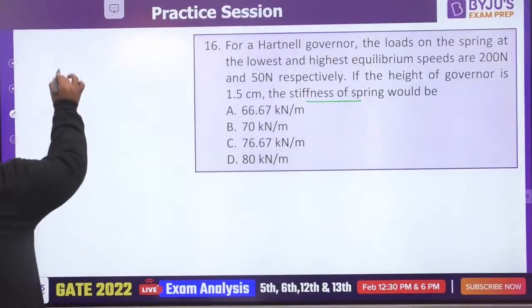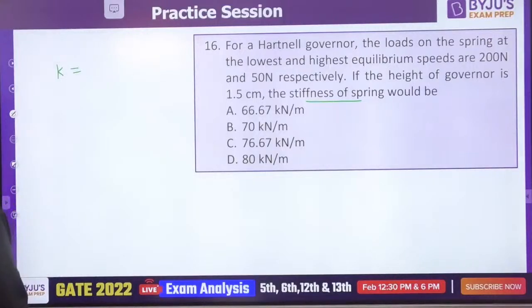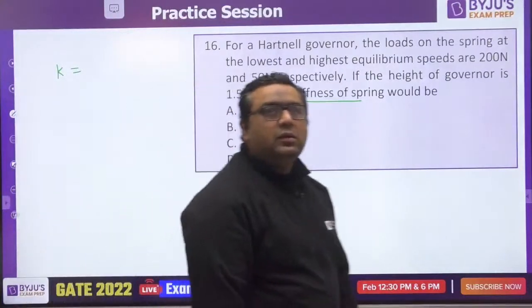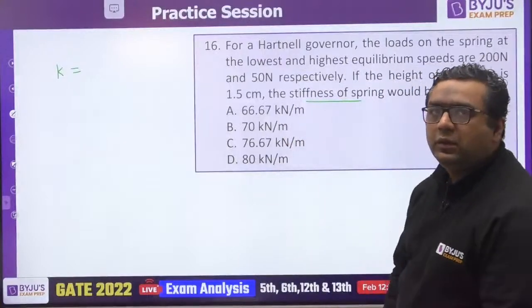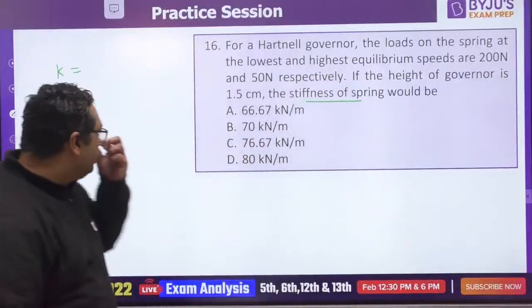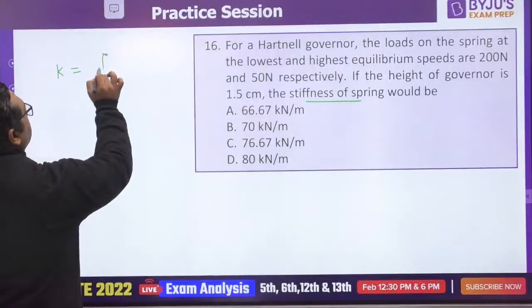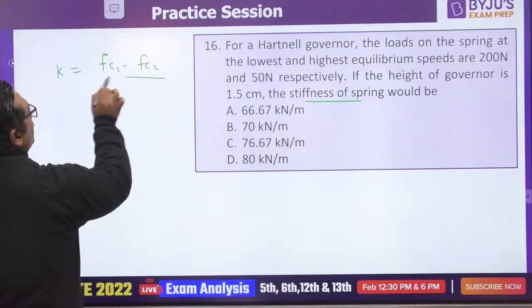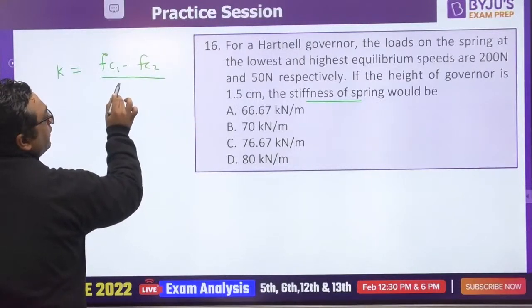So you can see stiffness can be written as FC1 minus FC2 upon this height.